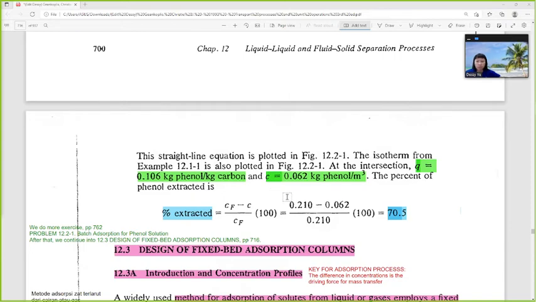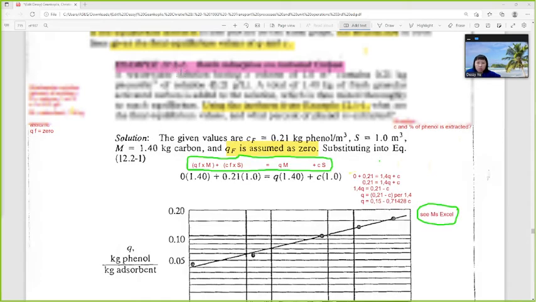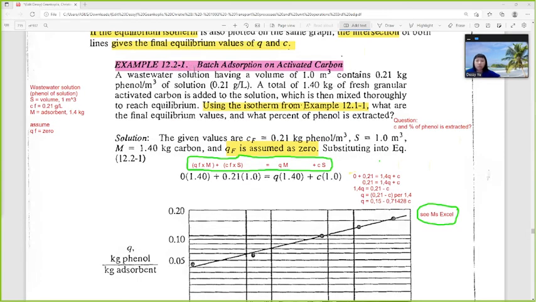Okay, this is how to solve example 12.21 about the adsorption process.